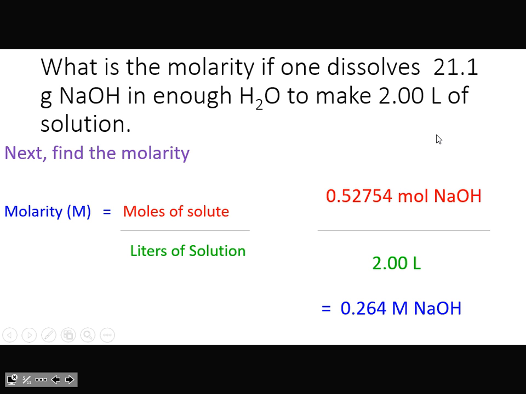What does this actually tell me? It tells me that if I measure out 21.1 grams of sodium hydroxide and add it to 2 liters of distilled water and dissolve it by stirring, I would have created a solution that is 0.264 molar sodium hydroxide.